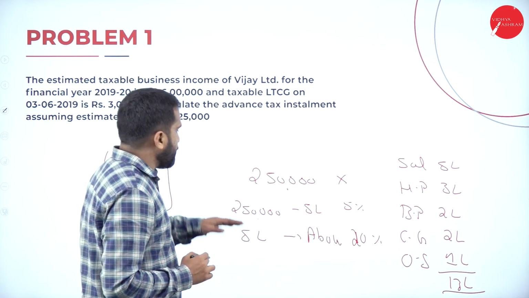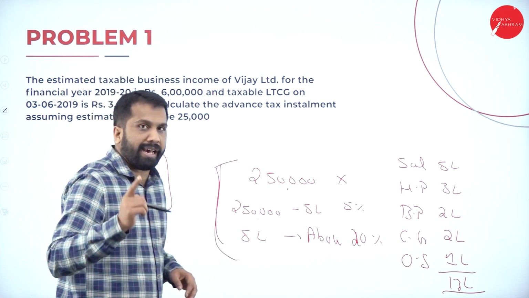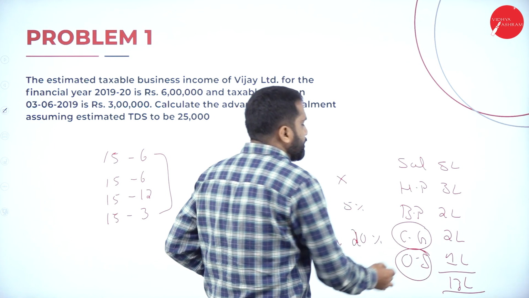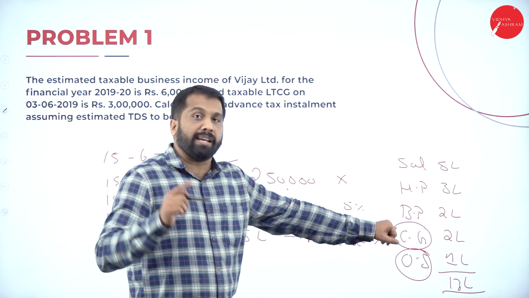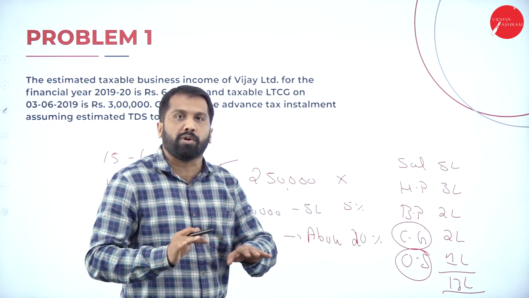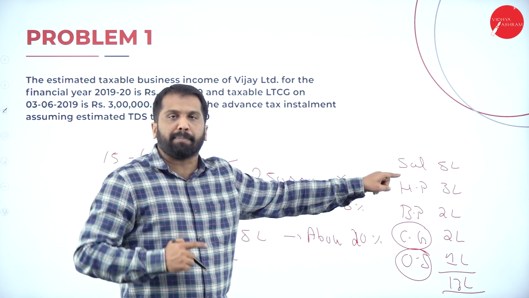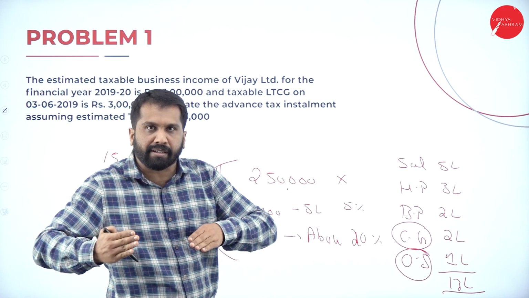13 lakh. See, these are your tax slabs. Always remember, while calculating tax, you cannot include all of the capital gain. If it is a short-term capital gain, no problem, you can add it with this. If it is a long-term capital gain, you have to separate it, bifurcate it.